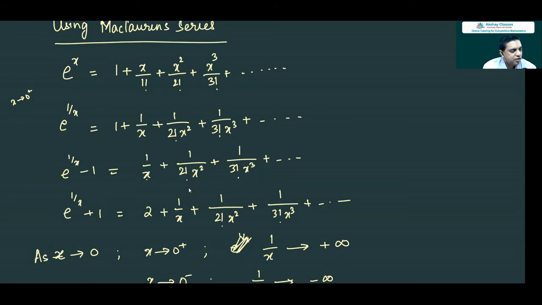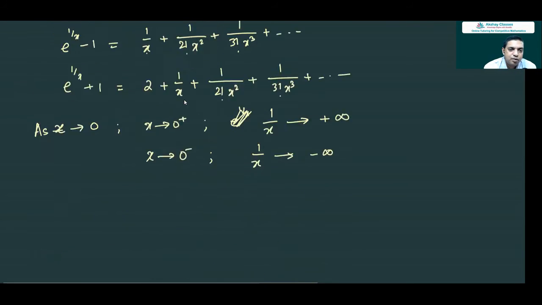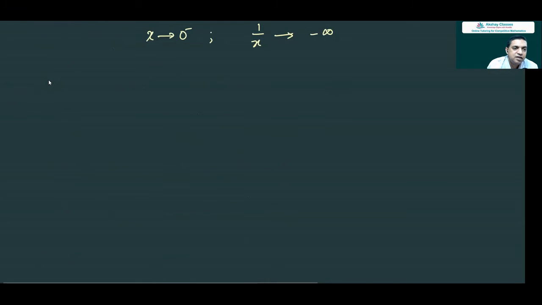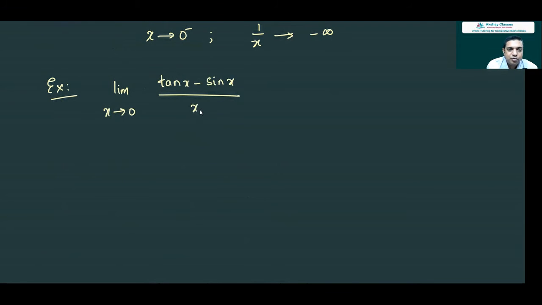Now we can use Maclaurin series expansion in other cases. For example, this is one example. I'll give another example of using Maclaurin series, which is the problem we have done yesterday. Limit x tends to 0 of (tan x minus sin x) by x cube.